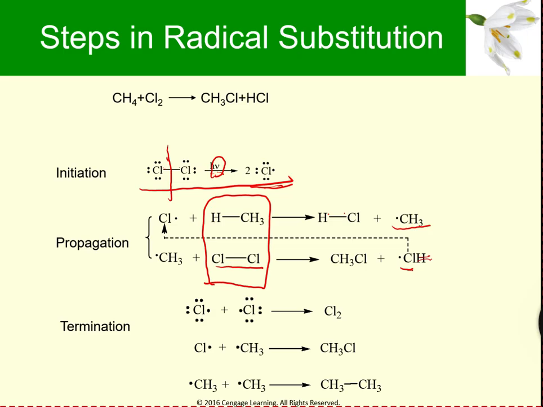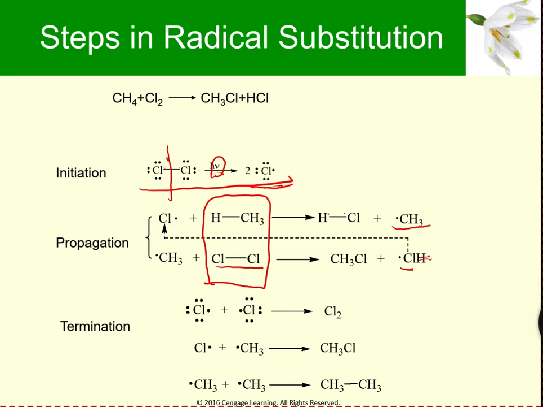After they consume all of them, you are going to have two different kinds of radicals. One radical is the chlorine radical, and the other radical is the methyl radical, okay? So try to think about the combination of these two radicals.